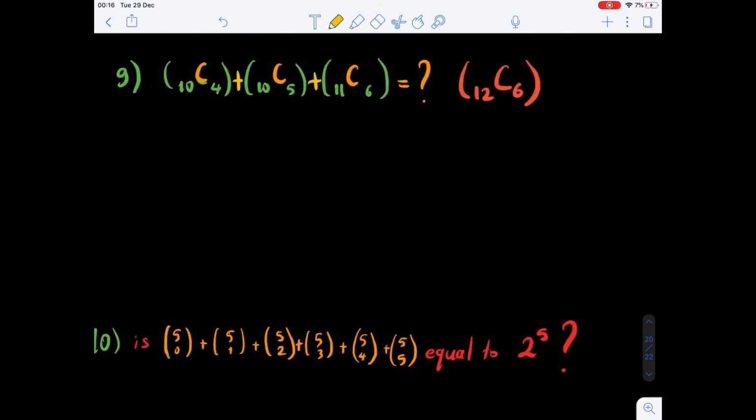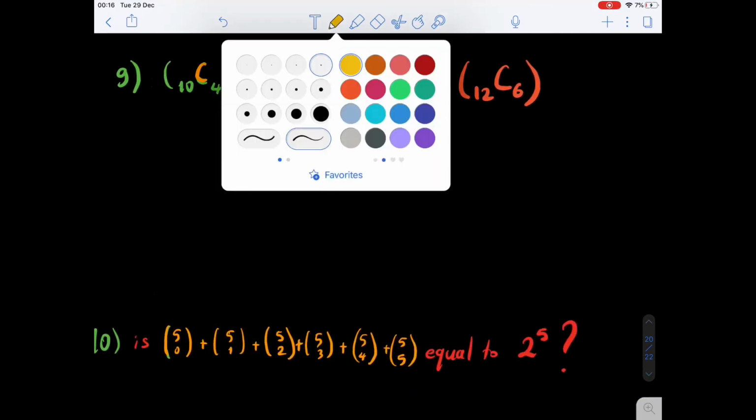Example 9. We have again a similar example. So we are practicing, we are learning, we are remembering.